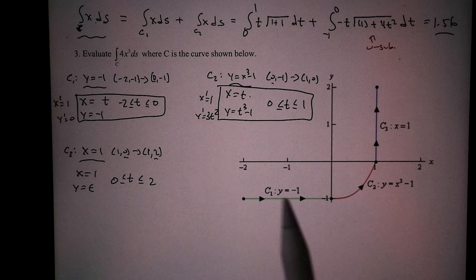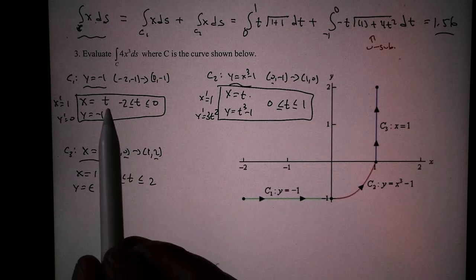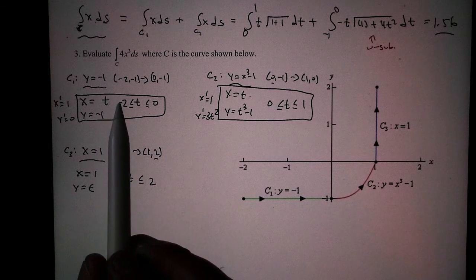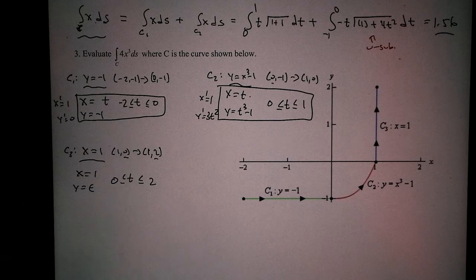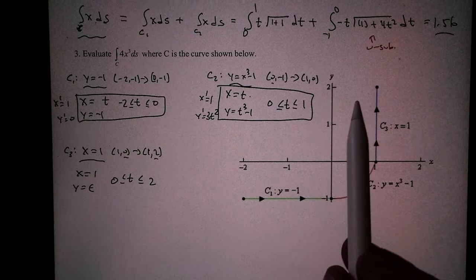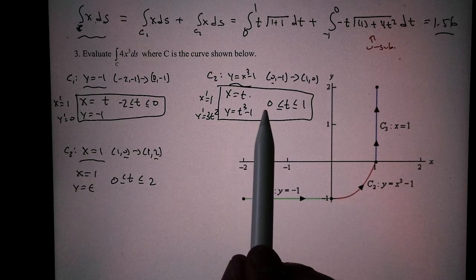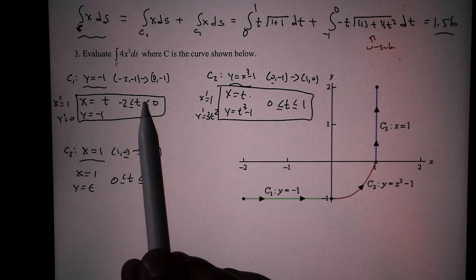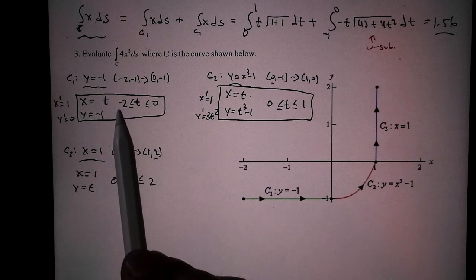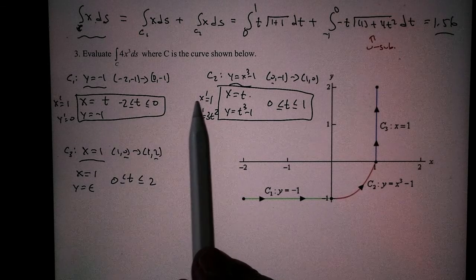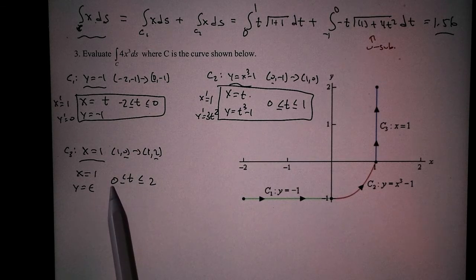Now another way you can do this, you can make this more uniform. In other words, you can change your parameters to make it go more continuous, especially when dealing with time. -2 to 0, 0 to 1, and you can even have this one start at 1.